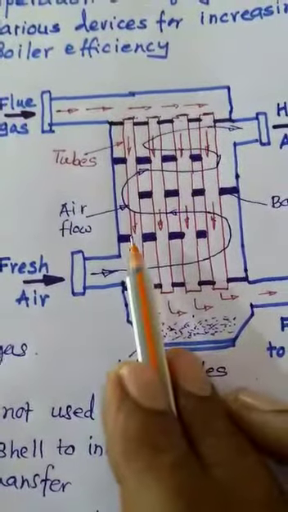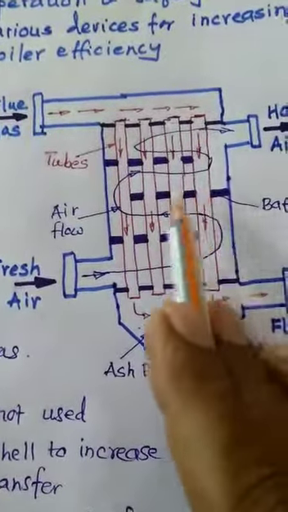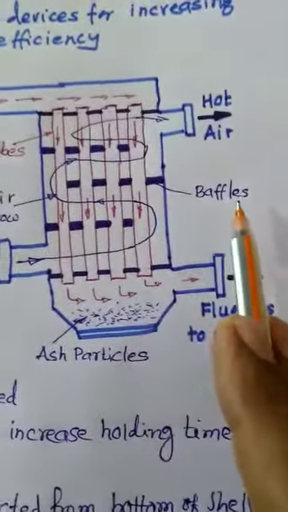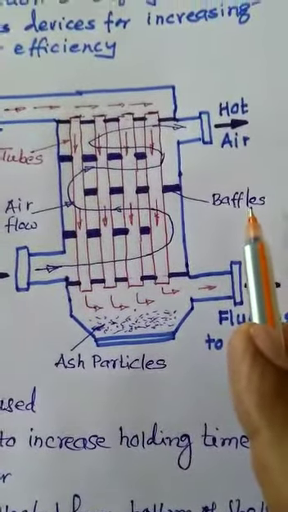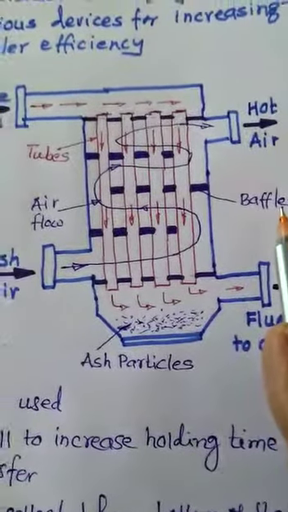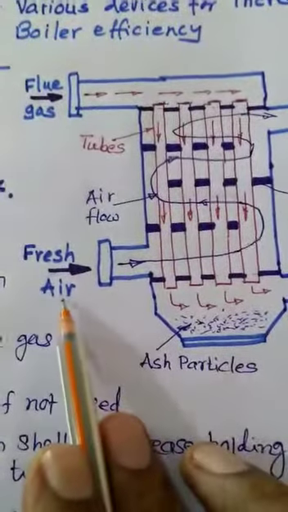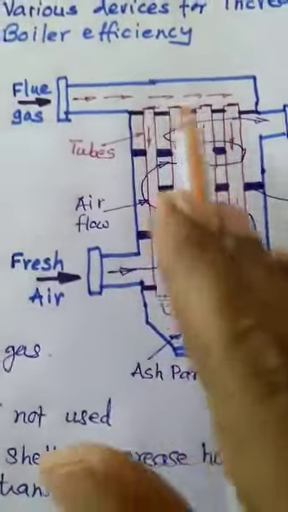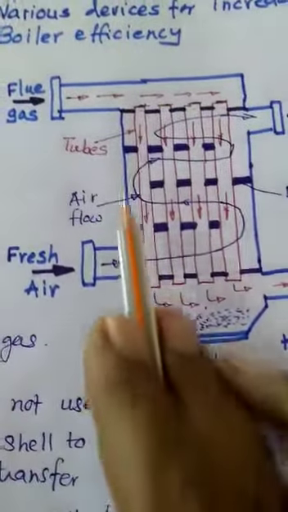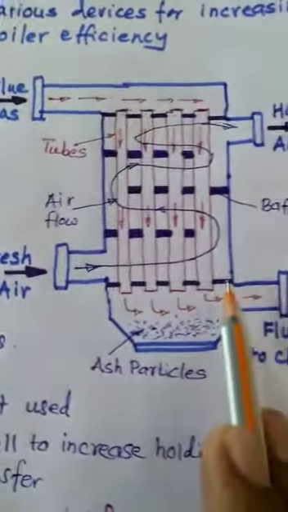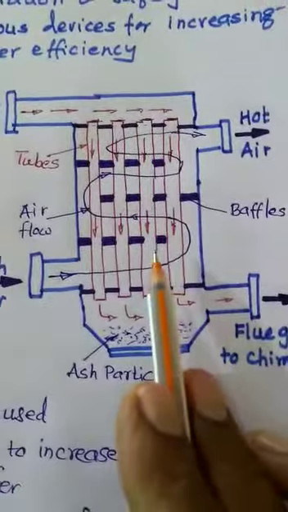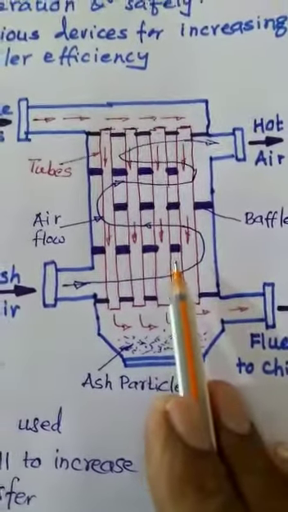Here you can see black colored parts, these are known as baffles. The function of baffles is to increase the heat transfer, or to increase the holding time of air inside the shell. So it will hold the air for more time inside the shell.